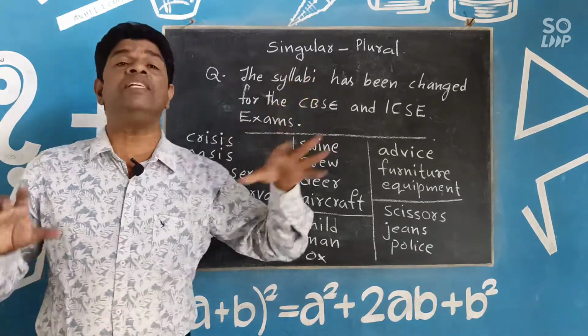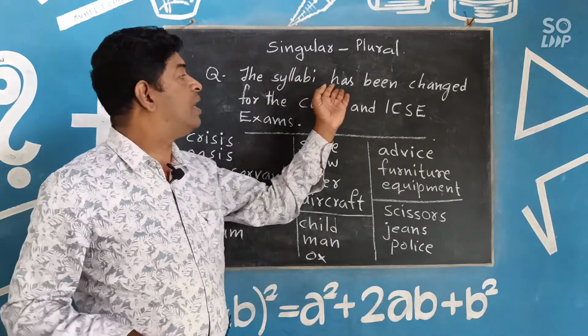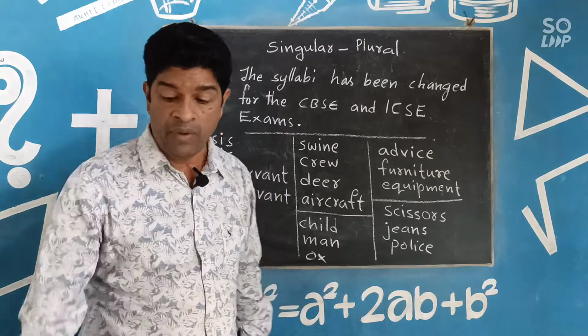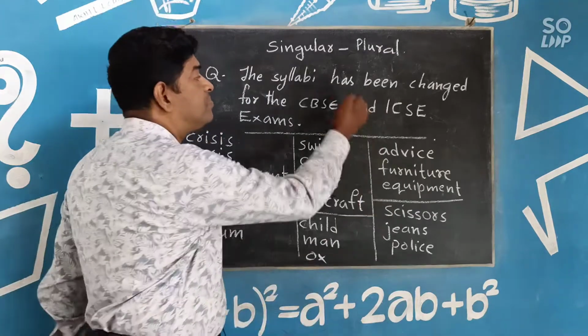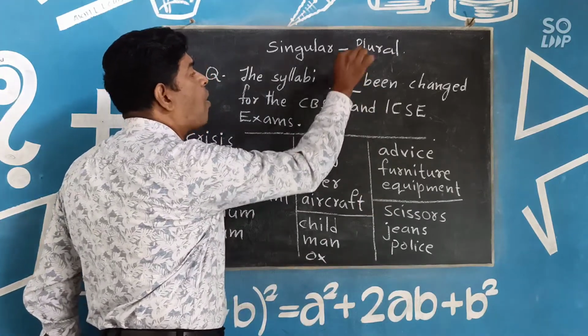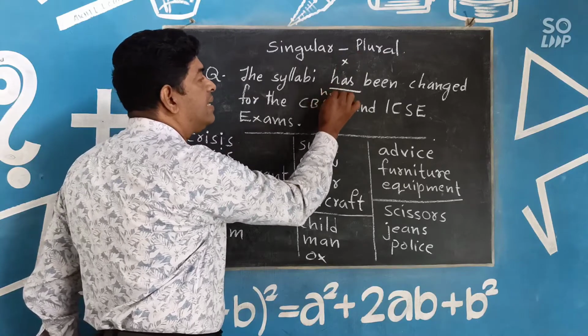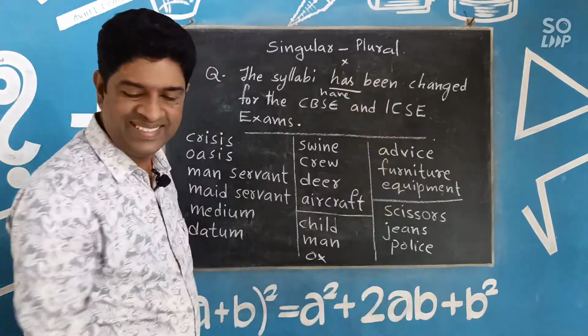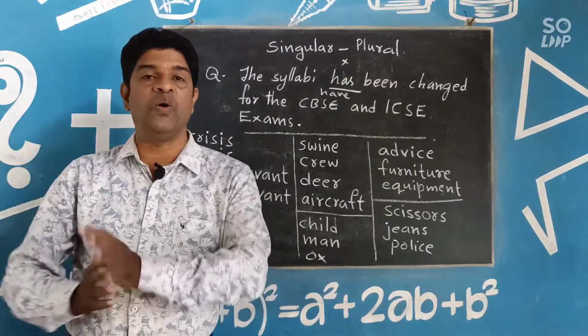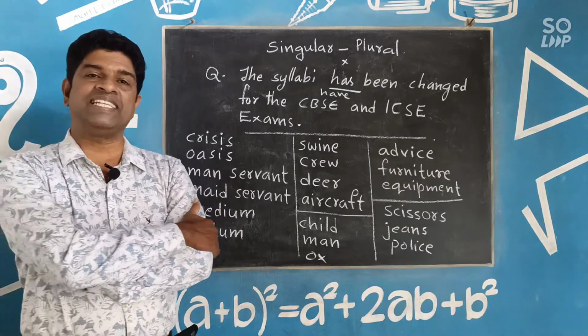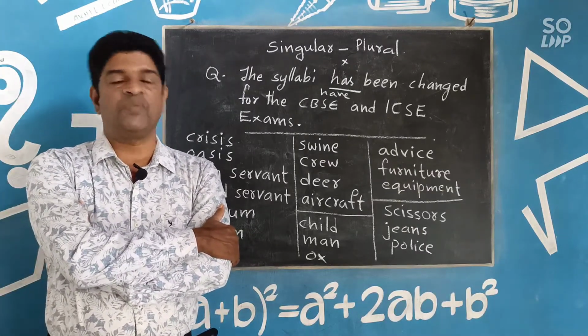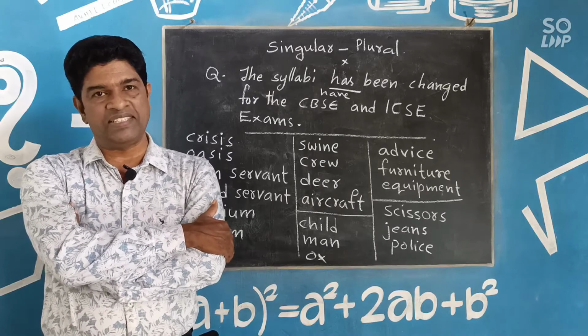When syllabi is plural, we have to use have, not has. This is wrong and this is correct. I think all of you have got the important lesson, singular-plural. It will help you in your examinations.